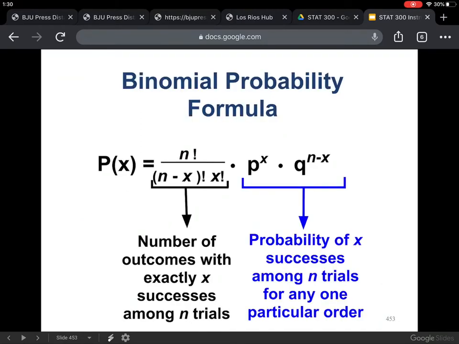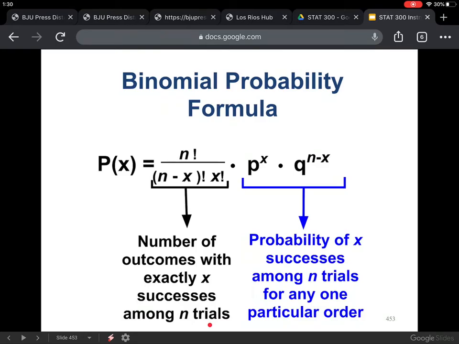Let me break this down a little bit more so you understand the pieces. The result of this P of x should be some number that's going to be less than 1, right? This portion right here, nCr, or nCx, if you will, if you're just using the x variable, stands for the number of outcomes with exactly x successes among n trials.